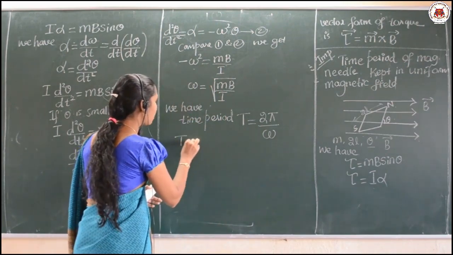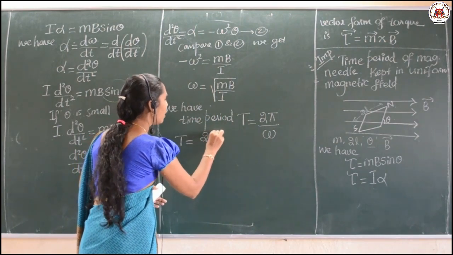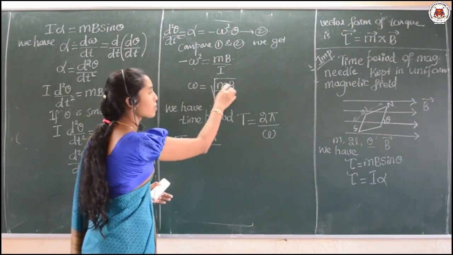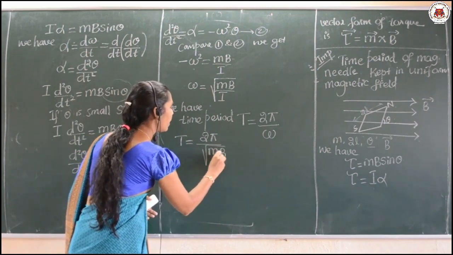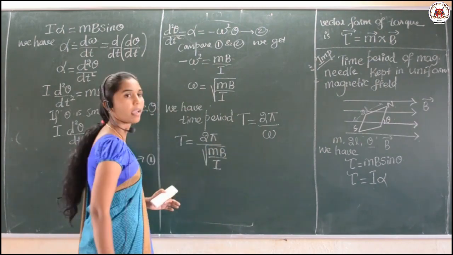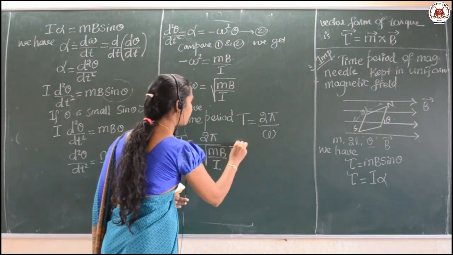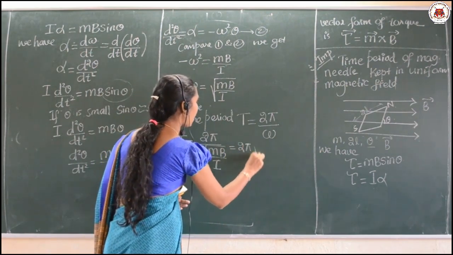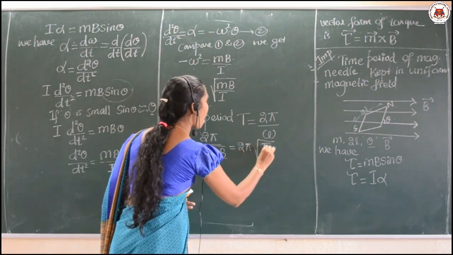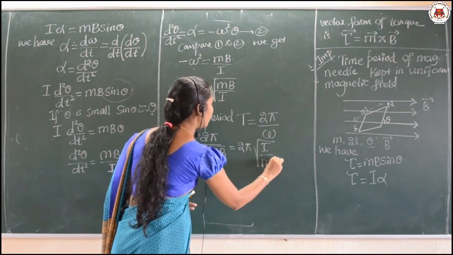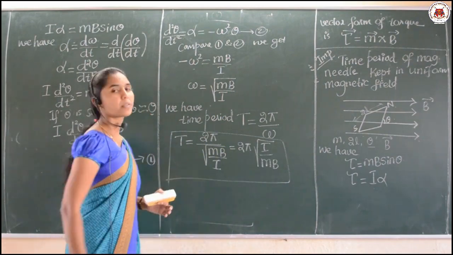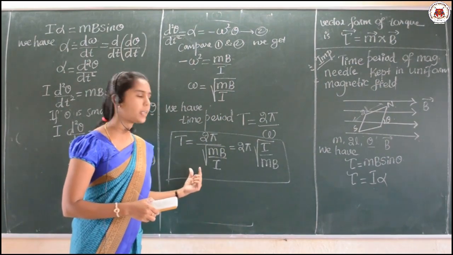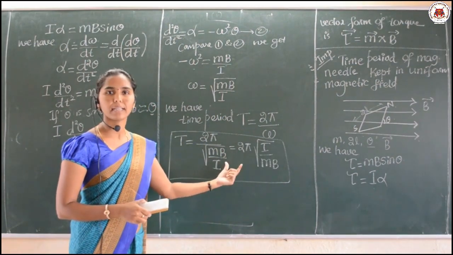Then T is equal to 2 pi, in the place of omega what can I substitute now? That is root of mB upon I. Then again simplify this, you get 2 pi root of I upon mB. This is the very important expression for the time period of that magnetic needle.